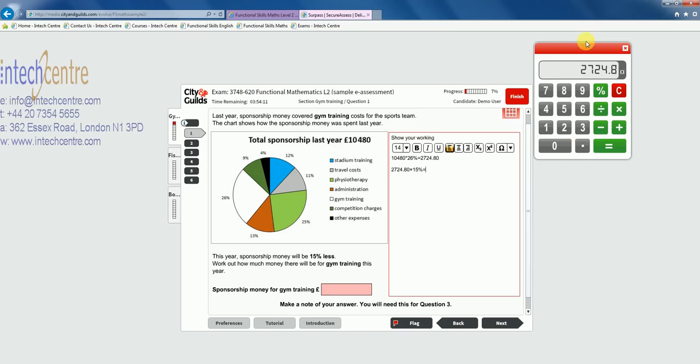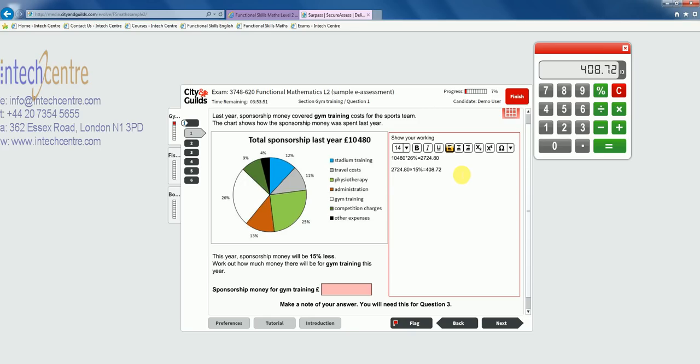So it's already on my calculator. So I'm just going to times 2724 times 15%. This gives us 408.72.